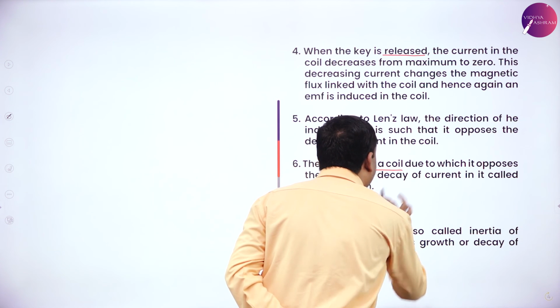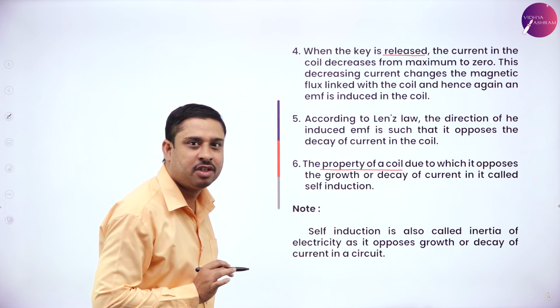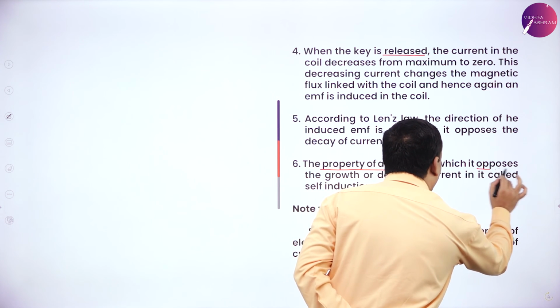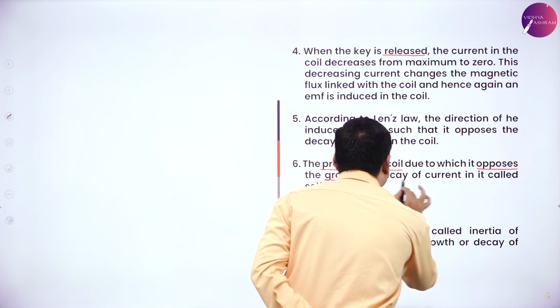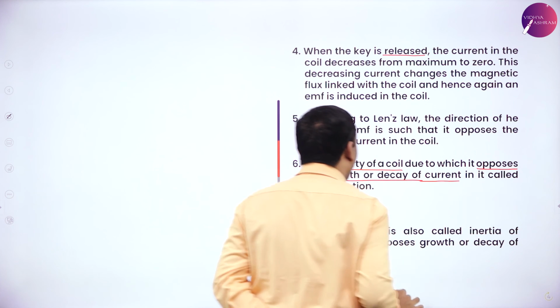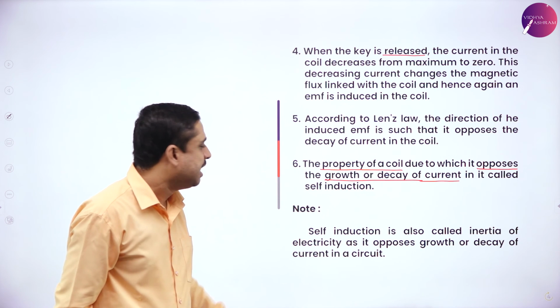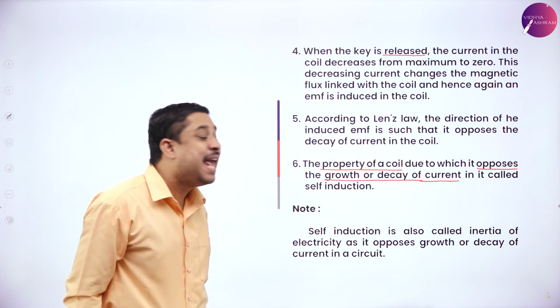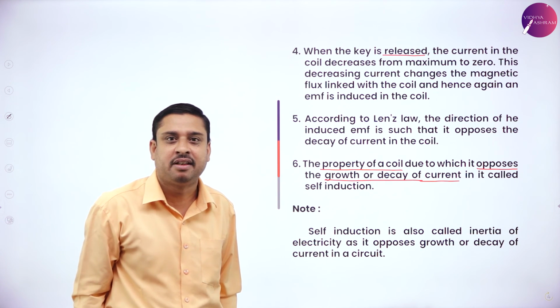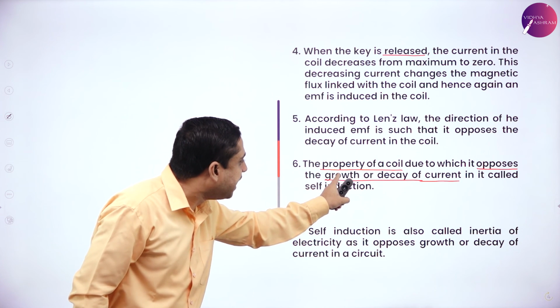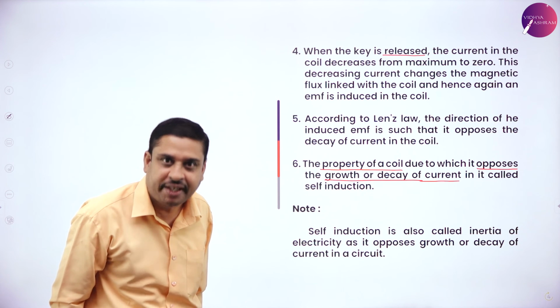Therefore we say the property of a coil due to which it opposes the growth or decay of current in it is called self-induction. So I have an alternative definition for self-induction.